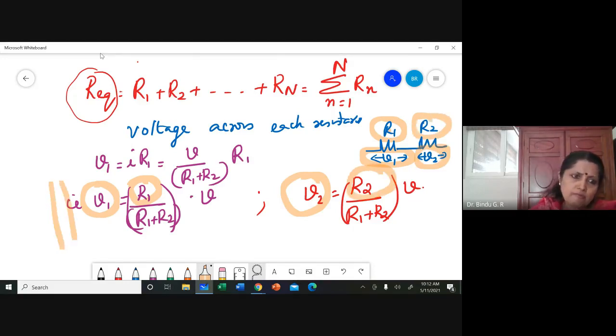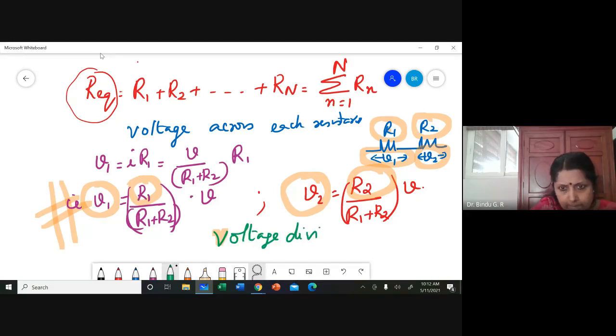Remember this. When two resistors are in series, you have to notice that the source voltage V is divided among the resistors in direct proportion to their resistances. That is one important point that you have to note. This is the principle of a voltage divider.